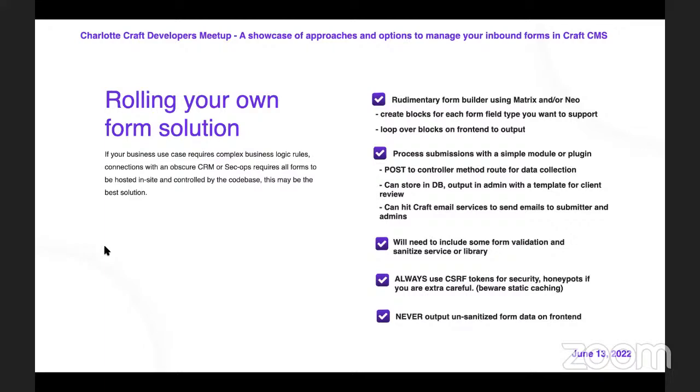or something like that. The things you've got to remember, of course: always validate. So you're going to have to include some type of form validation and sanitation service or a library or something combined in there, because that's 101 when it comes to taking data off of a form and using it in your back end. And with Craft, by default, you should always be having your CSRF tokens turned on.